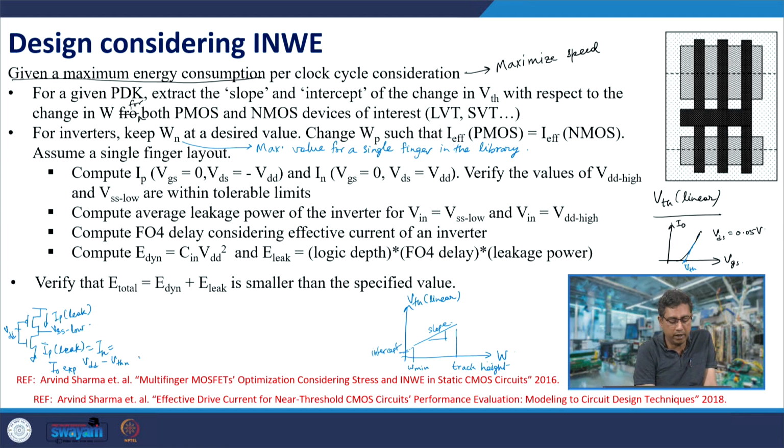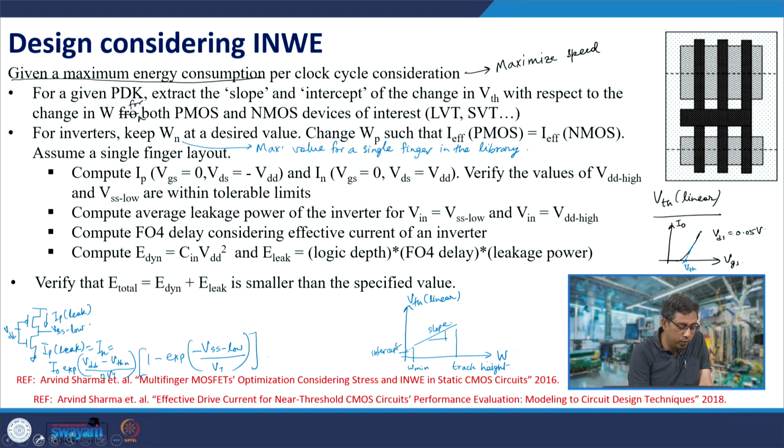So, we are neglecting DIBL related effects, and body effect is also 0. Now you know IP leakage and that is equal to this I naught expression. So, that will allow us to calculate VSS low.